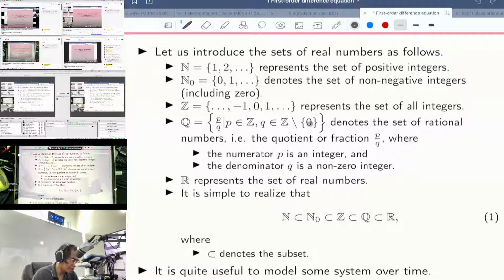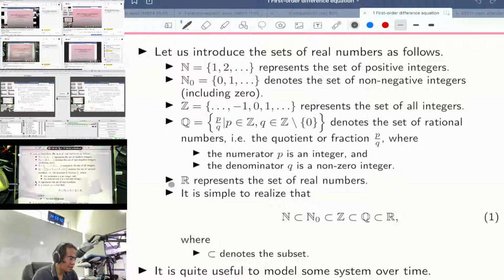Q could be any number but not 0. They use this notation, excluding the set containing 0. P is an integer, Q is any integer, but it must not be 0.